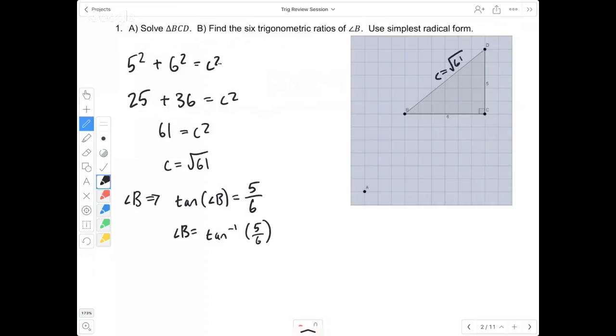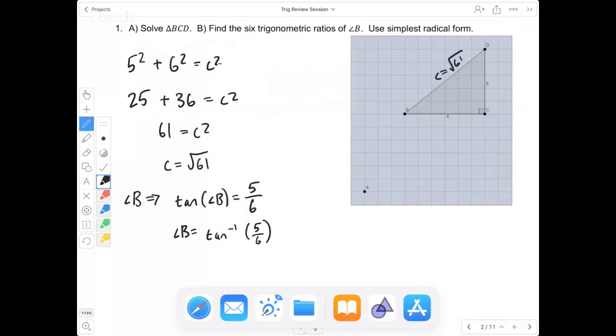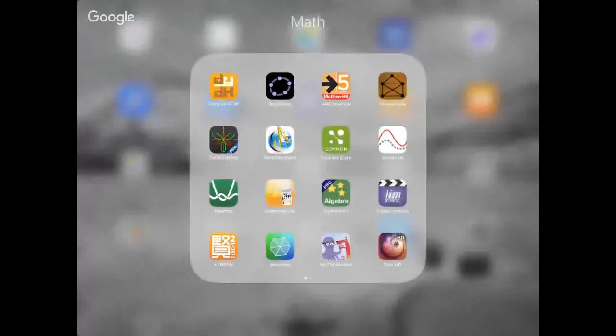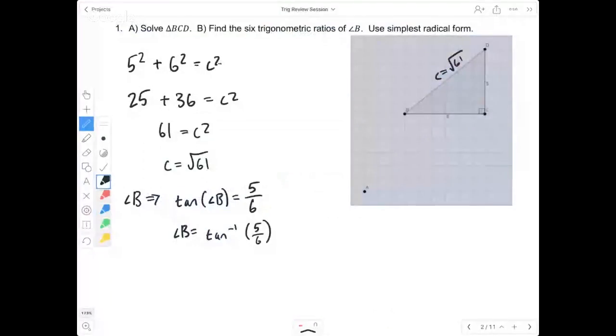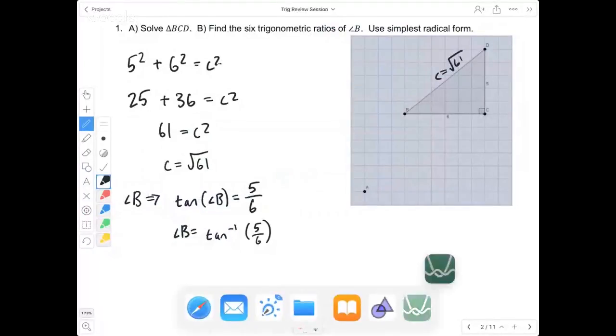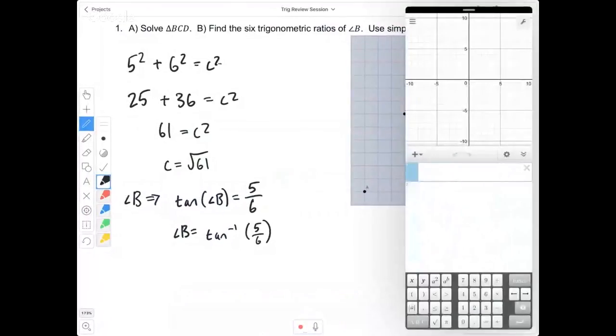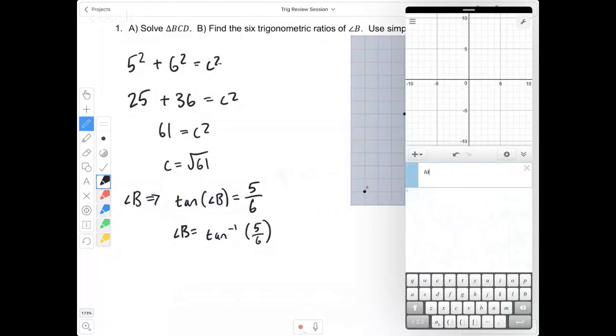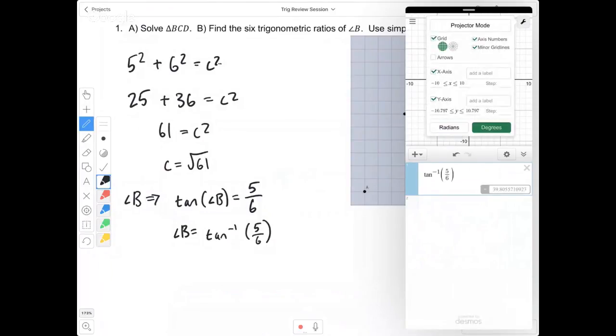And it's not one I know off the top of my head. So let's find the inverse tangent of 5/6, and make sure I'm in degree mode. 39.81 degrees.